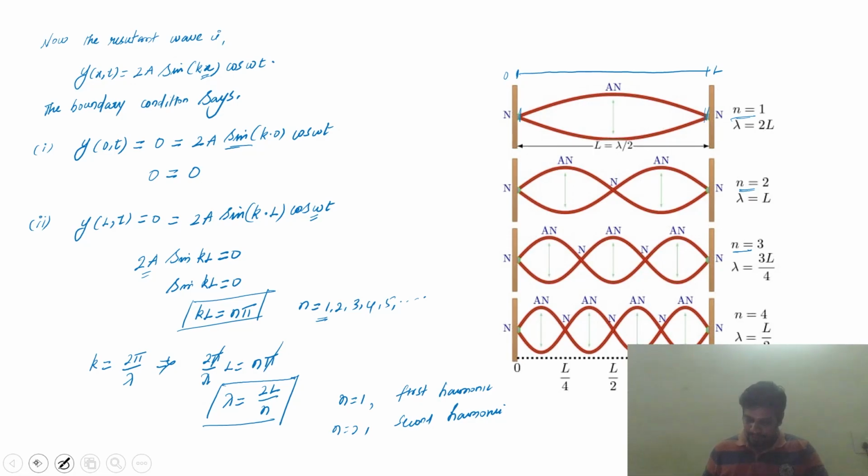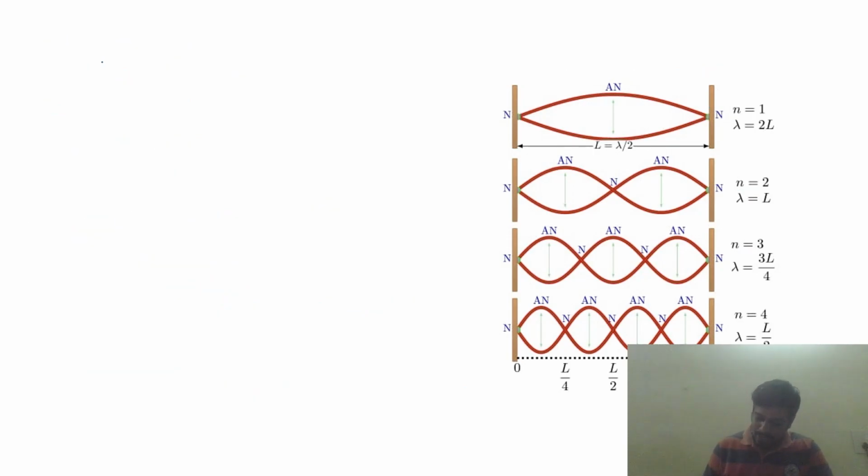Our resultant wave now becomes y(x, t) equal to 2a sin of k x, which we can replace by n pi by L times x, times cos of omega t.